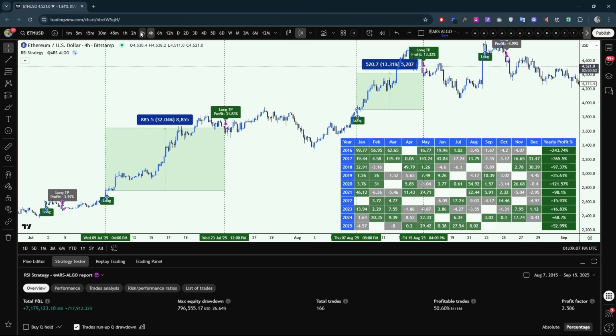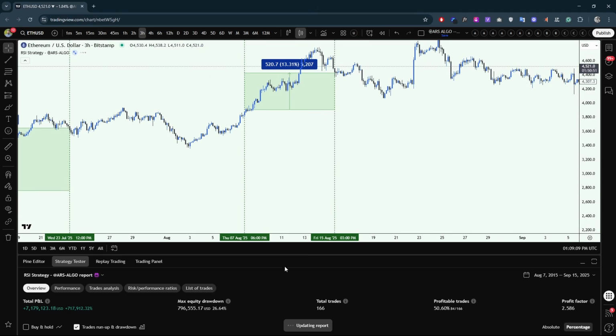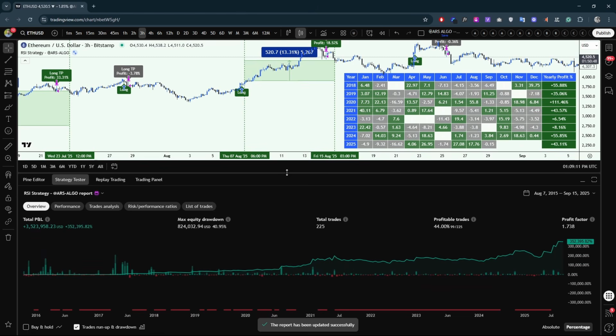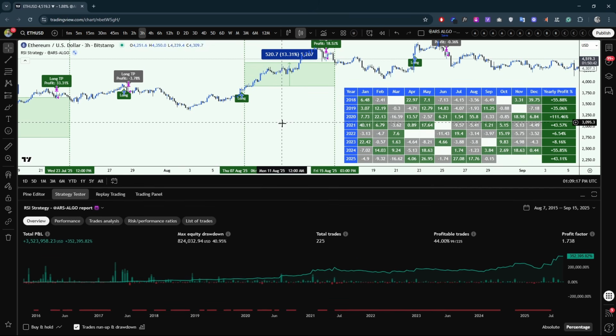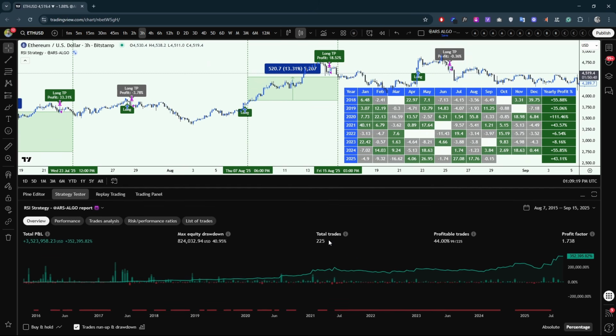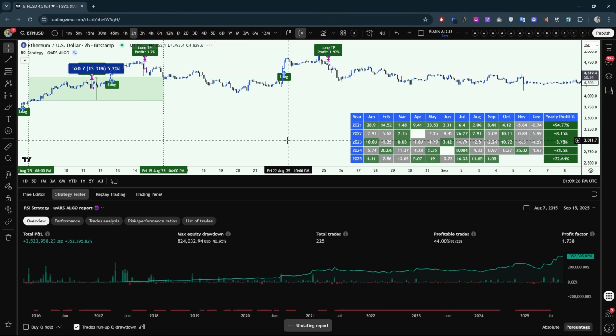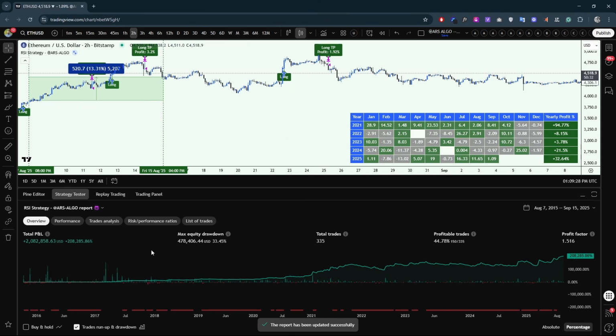And if I change the time frame to, like, 3 hour, you can see the profit is decreasing. It's still good, not bad, and the total trades are increasing a bit. On the 2 hour time frame, again the total trades are increasing, but net profit is decreasing a bit.